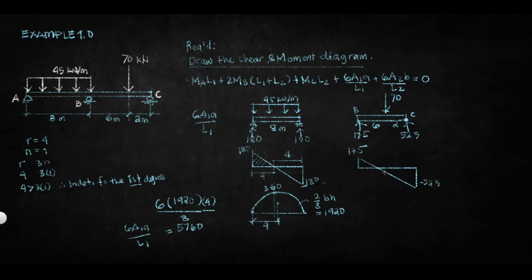Then we're going to draw. Ay, wait lang. Need to correct this. Yan, ulitin natin. Okay, so we have 17.5 constant.